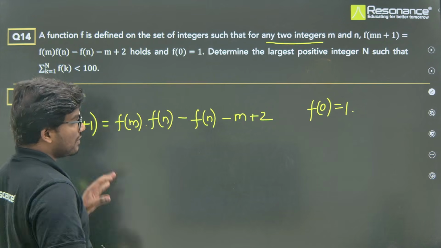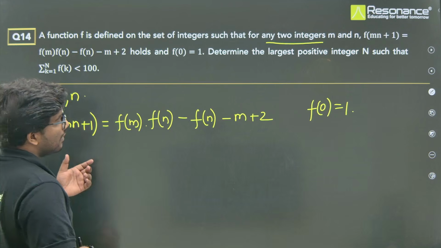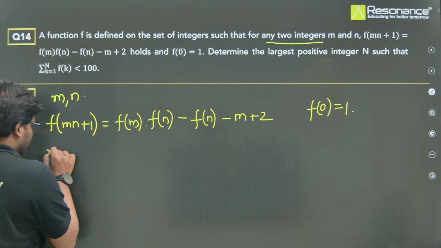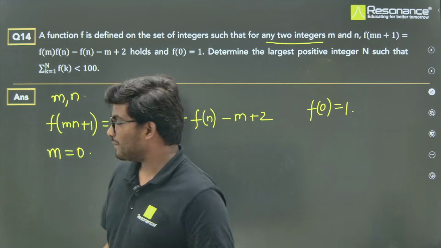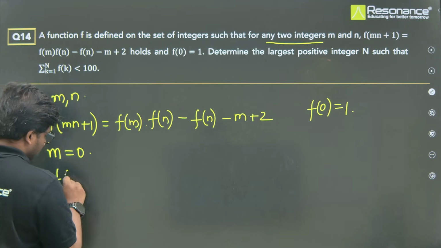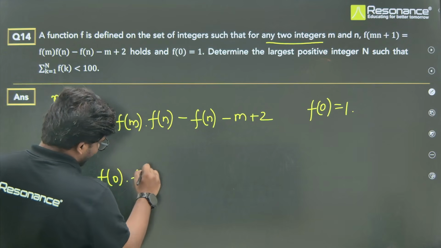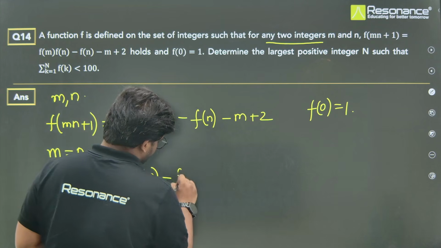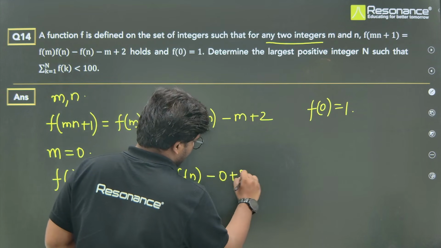Let's first solve this functional equation before we get into the next part of the question. For solving this, let's put m is 0. If m is 0, what do we have? F of 0 into n, anyway 0, so f of 1 equals f of 0 into f of n minus f of n minus m, m is 0, so 0 plus 2.